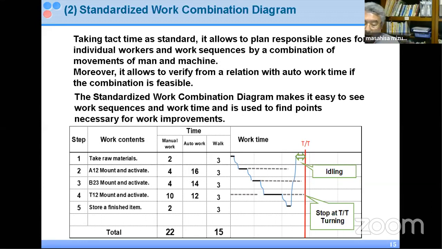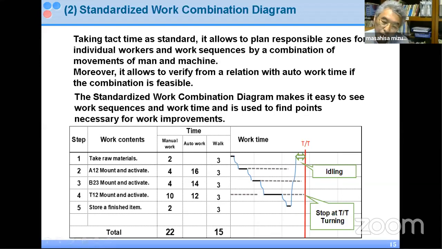This is a combination work for the man and machinery. The machine work time is manual work 4 seconds, auto work 16 seconds, and also we can show the working time as 3 seconds.